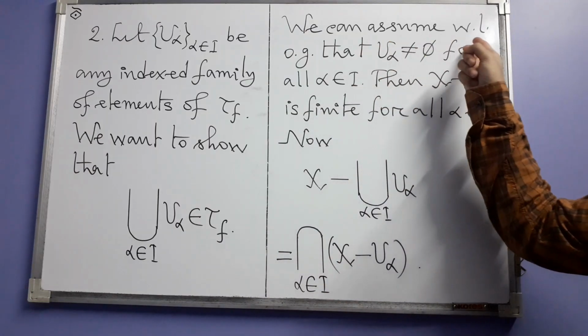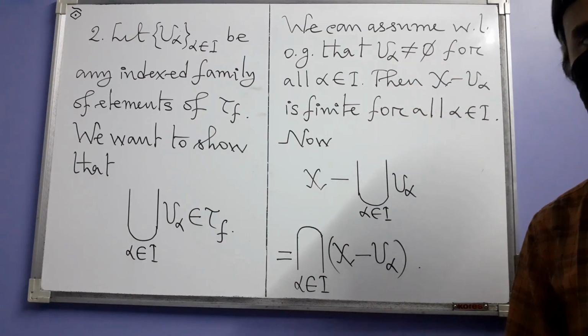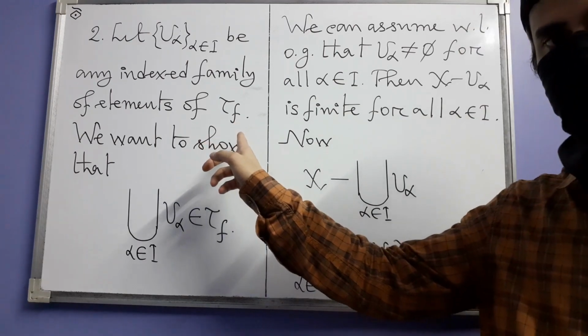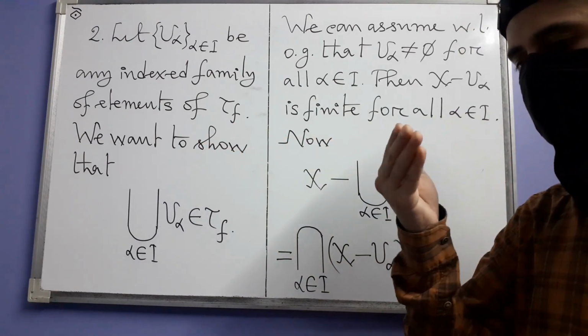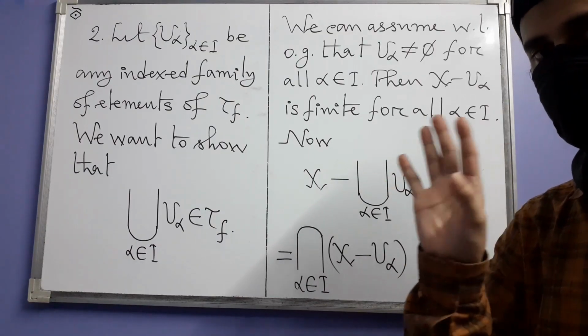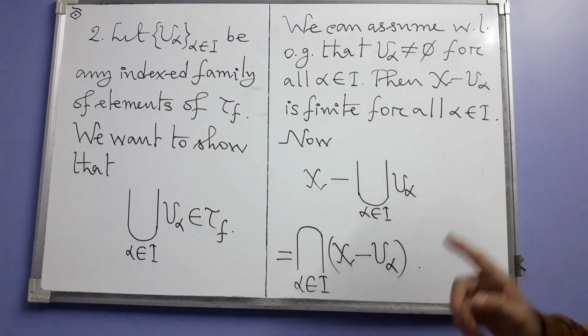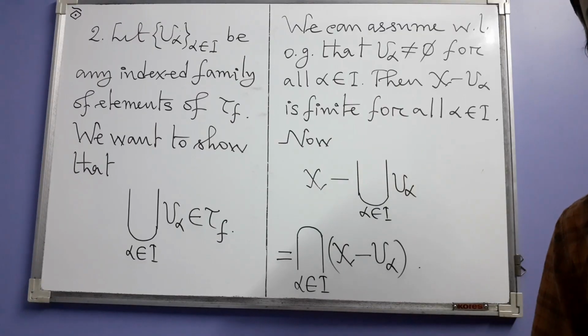So we can assume without loss of generality that each U alpha is non-empty. But these U alphas are coming from tau f. So because each one of them is non-empty, the complements cannot be all of X. For no one of them will it be equal to X. So that means each such complement has to be finite.